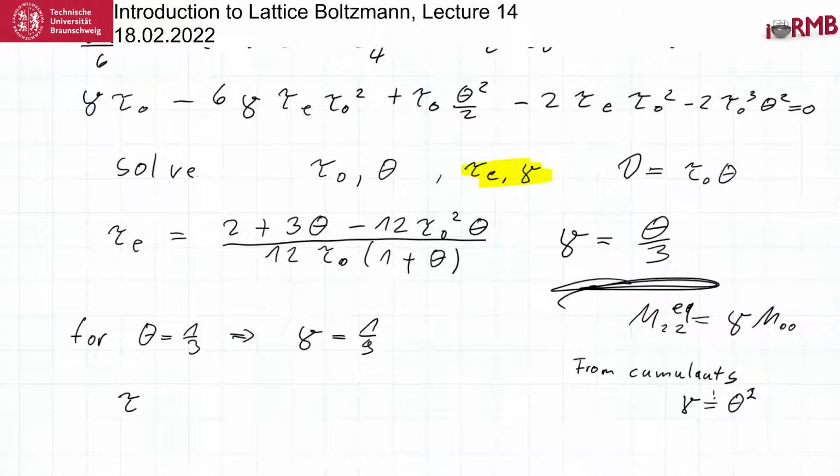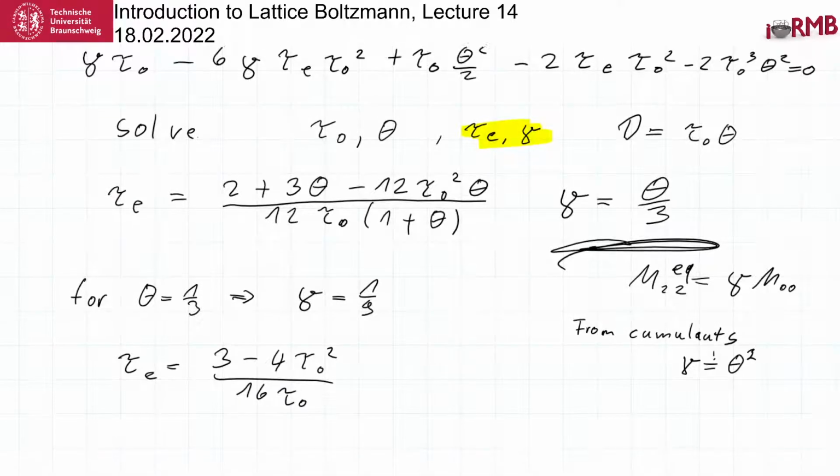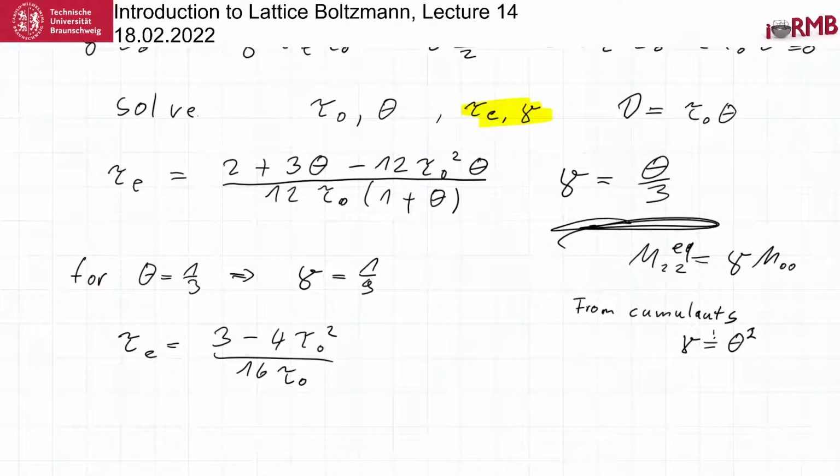So in this case, we get tau even is 3 minus 4 tau odd square divided by 16 tau odd. And remember, this tau odd is proportional to a diffusion coefficient.